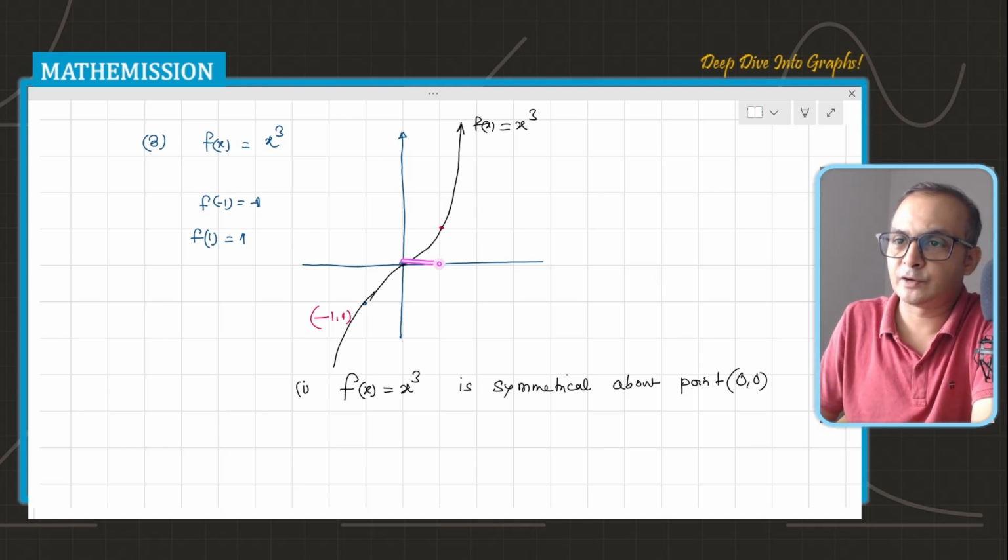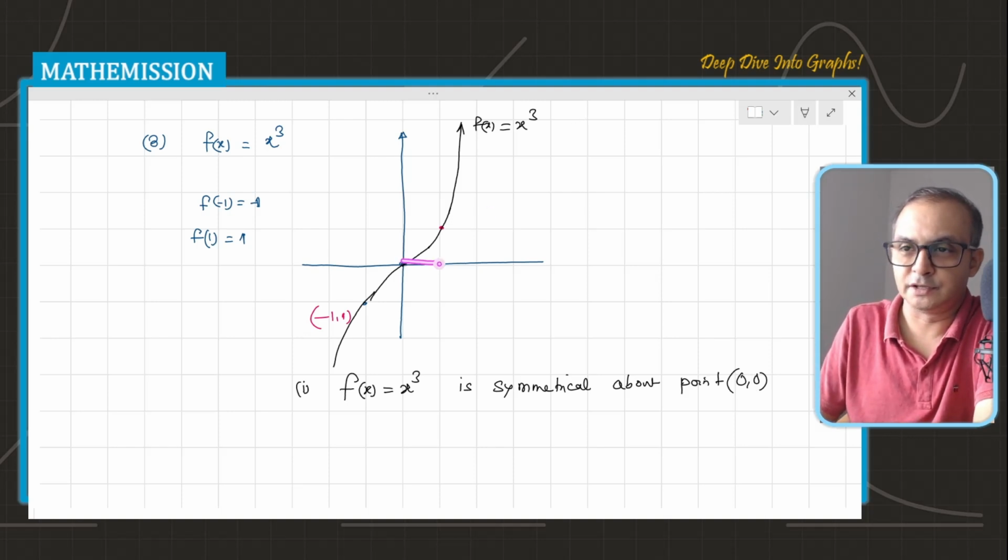If we move, let's say, 1 unit right of the origin, we get the height 1, but when we move leftward by the same unit, to the left of the y-axis, we get the same depth. So going 2 units right, we get height 8, but going 2 units left, we get depth 8.